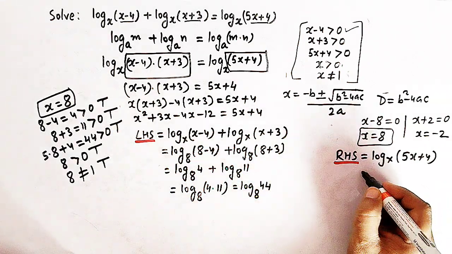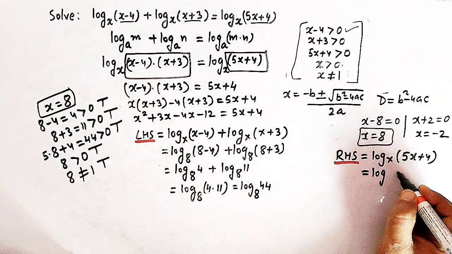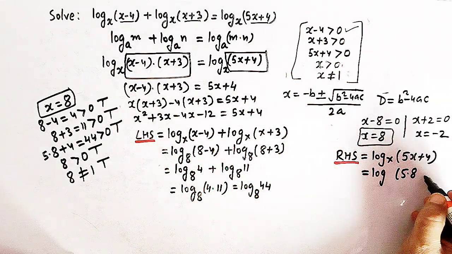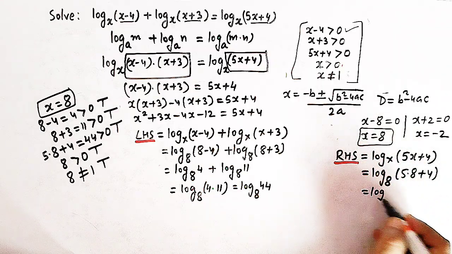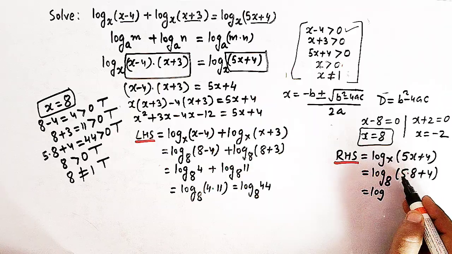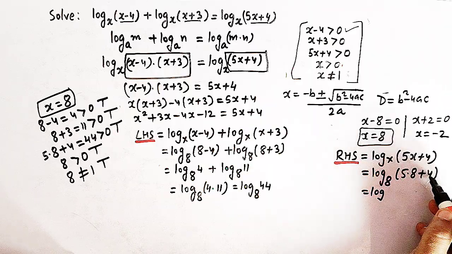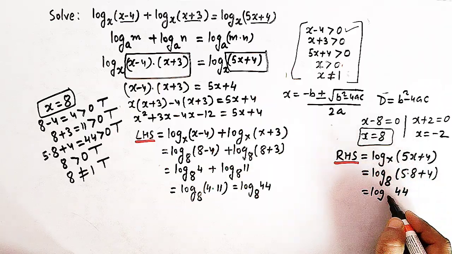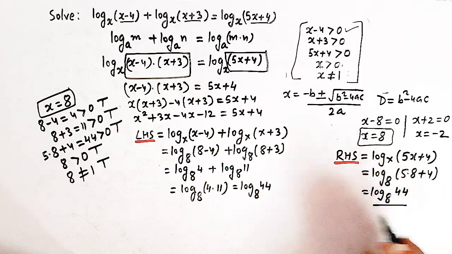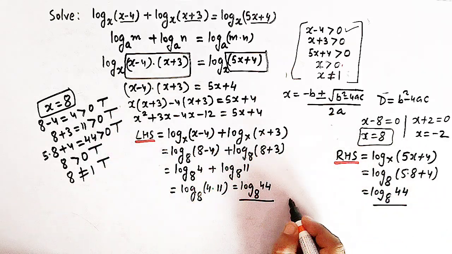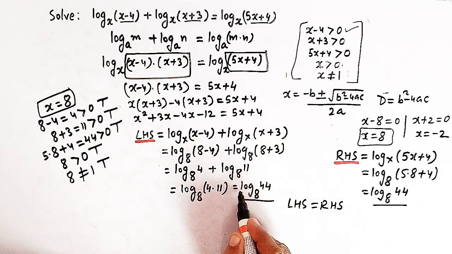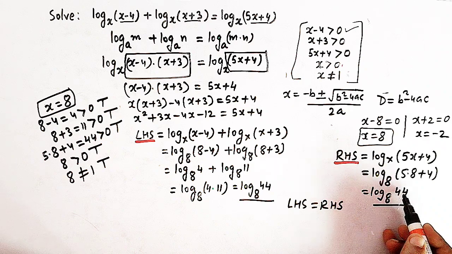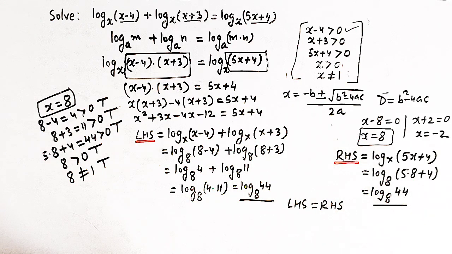So now in the right hand side we have logarithm of 5 times 8 plus 4, here we have 8. 5 times 8 is 40, 40 plus 4 is 44, and here we have the base 8, right? So we can see that the left hand side is equal to the right hand side, because here we have logarithm of 44 to the base 8, here also we have logarithm of 44 to the base 8, right?